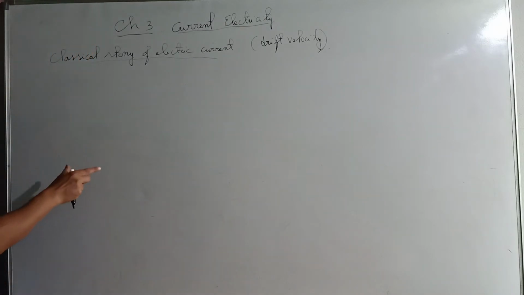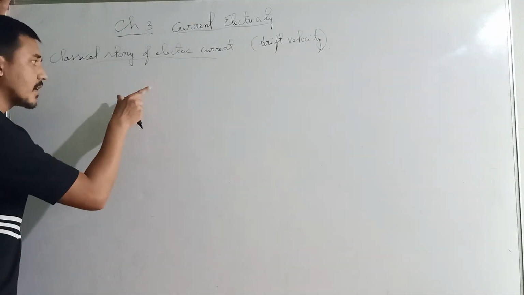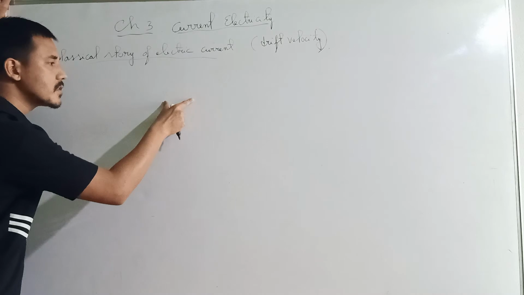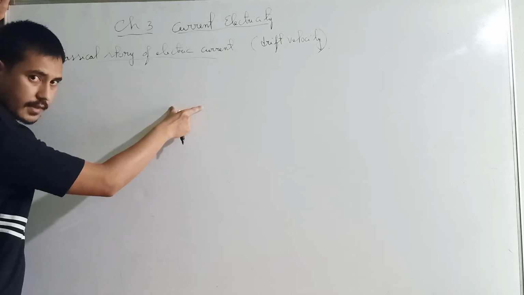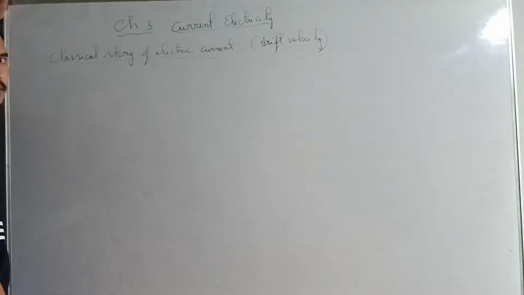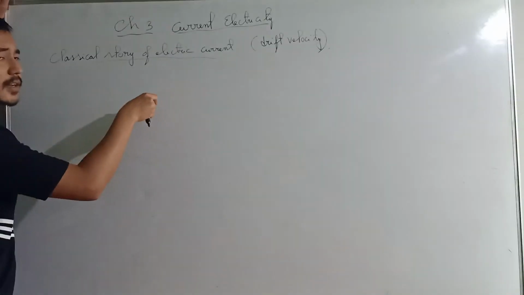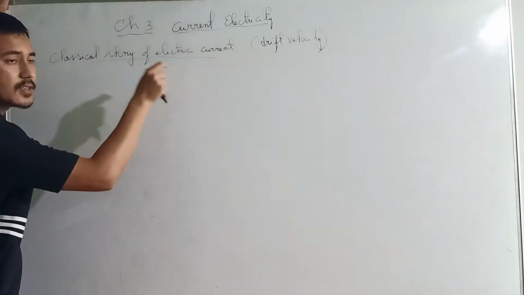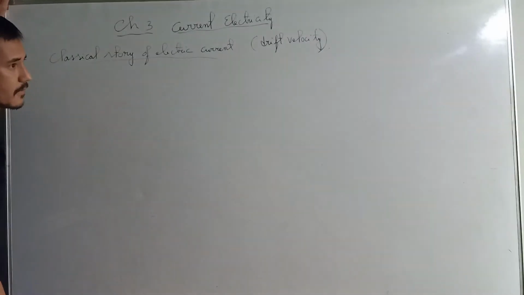So even though the net electric field inside the conductor is 0, the electrons are still in continuous motion, and their motion is due to the thermal energy of the conductor. The velocity with which the electrons are moving is known as the thermal velocity of the electrons.